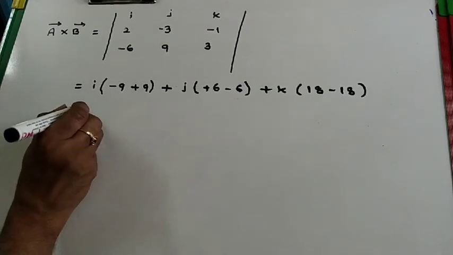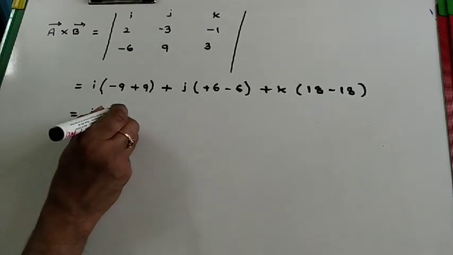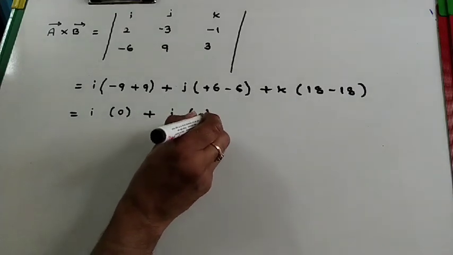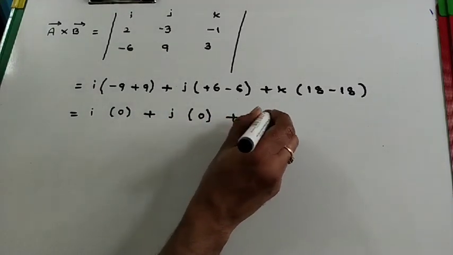Therefore, i into 0 plus j into 0 plus k into 0.